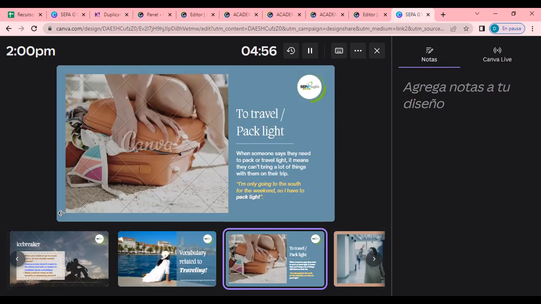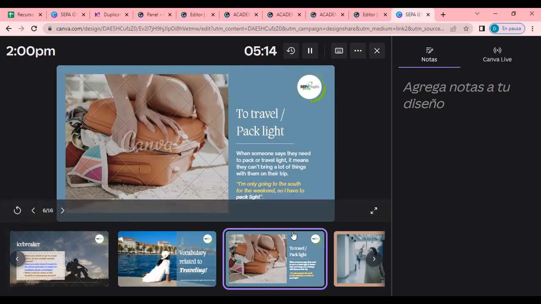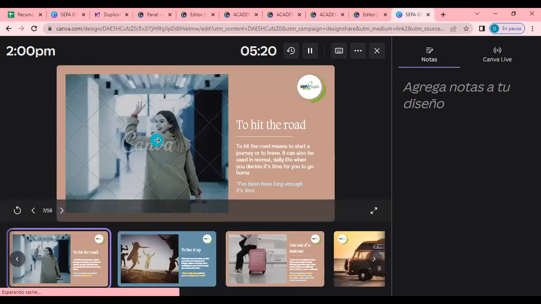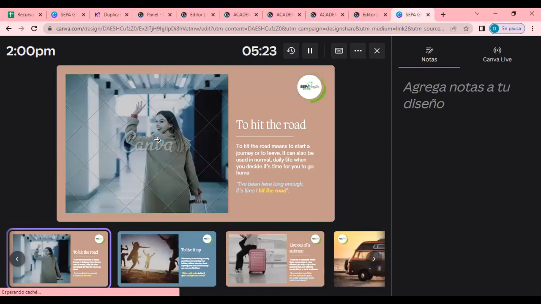It means when someone travels, you don't need to have a lot of suitcases. Something light for you to wear and no more. Not many things, for you to go light and adventure.